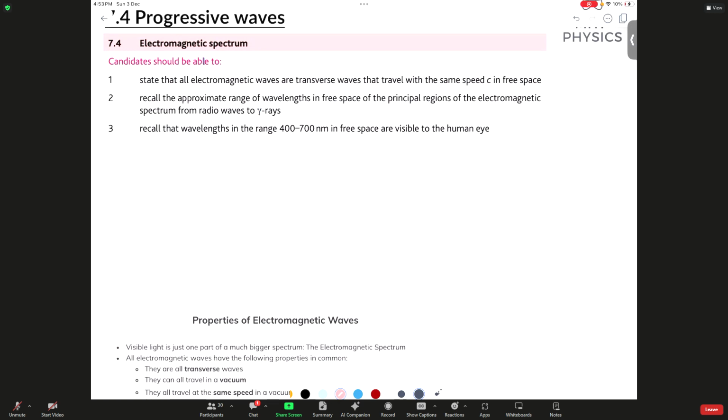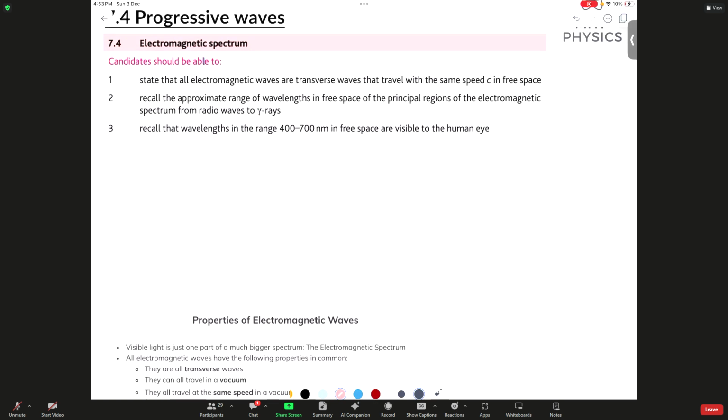Right, so the electromagnetic spectrum 7.4: state that all electromagnetic waves are transverse waves that travel at the same speed in free space. This is O-level stuff. It is not a difficult one. So can you tell me the common properties of electromagnetic waves? Three properties. Right, they all travel at 3 times 10 to the power 8 meters per second in vacuum.